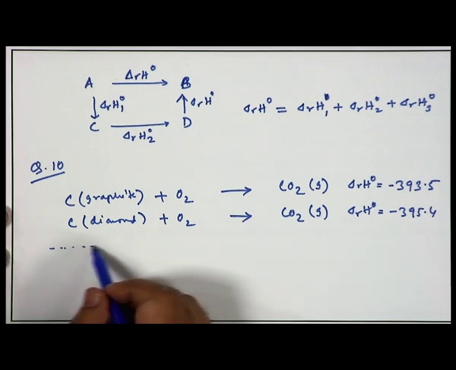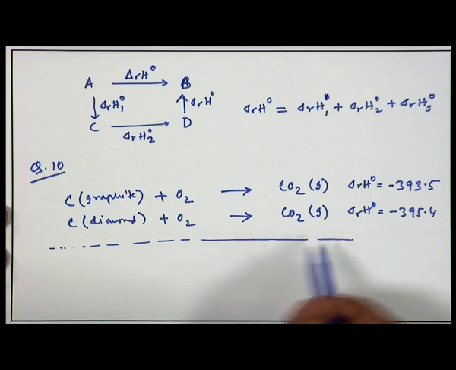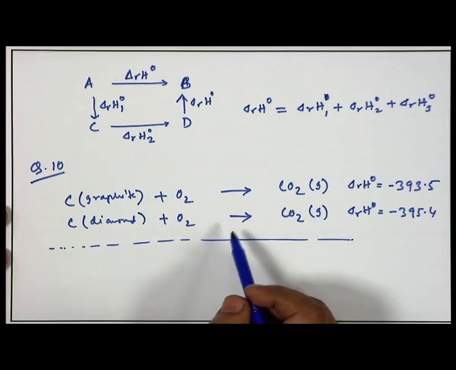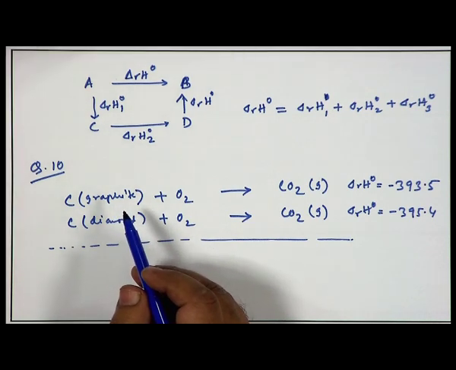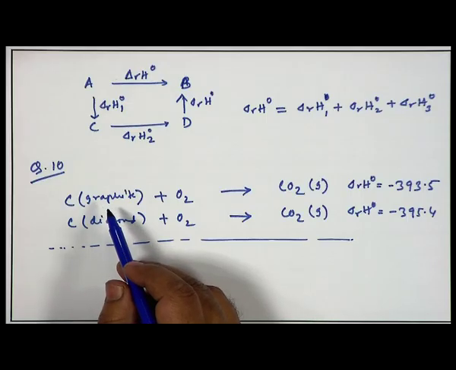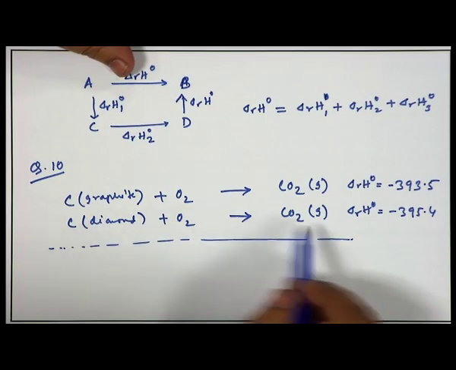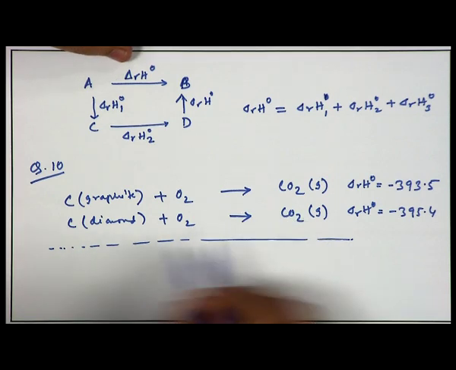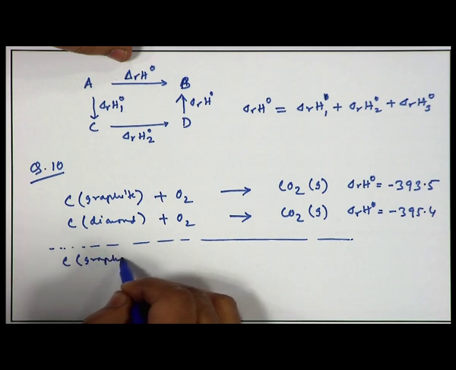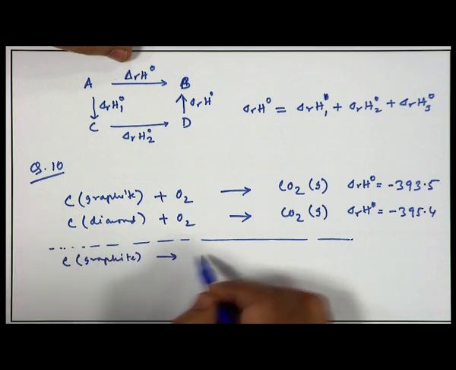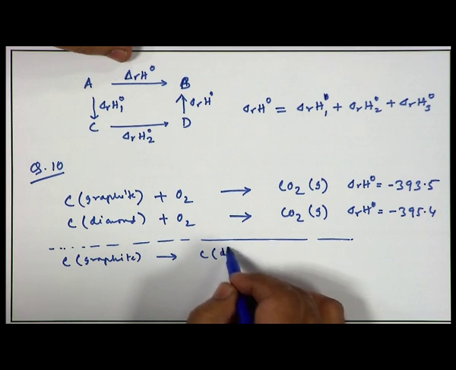So, if we add this and reverse this. Our interest is to calculate the enthalpy change from graphite to diamond transition. That is the problem: graphite to diamond. So, graphite is the reactant and diamond is the product. So, we will reverse this second equation. So, C graphite goes to C diamond.